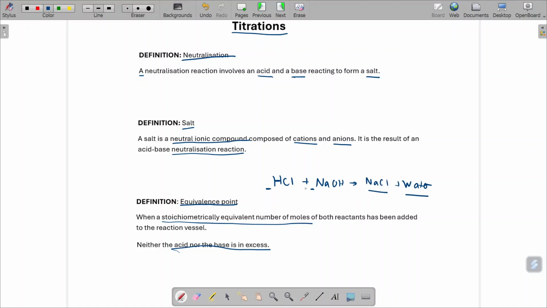If we have one of these in excess, then we will not only have these products, but whichever substance is in excess will also be in the solution. And therefore, the equivalence point is that point where we've added exactly the correct number of moles of acid and base so that neither of them is in excess, and that our product specifically contains only the salt and water.